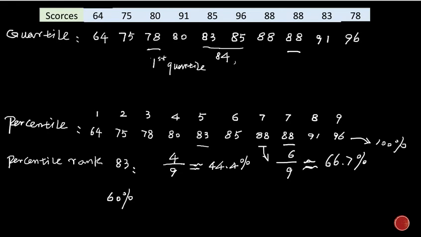How to find it? There is a formula. n equals capital N over 100 times P. What does this formula mean? n is the position or the ordinal number in the data set.